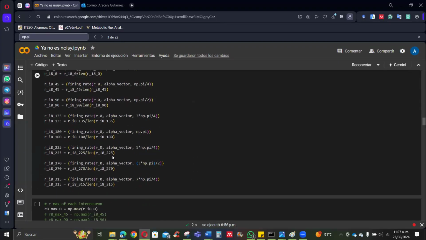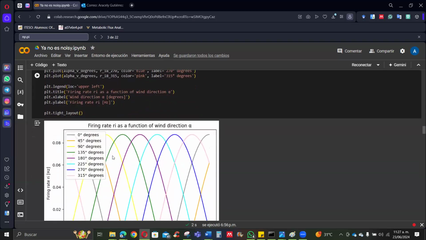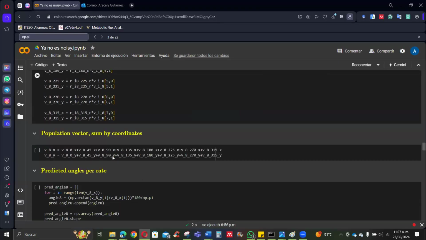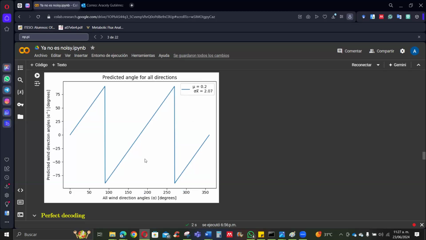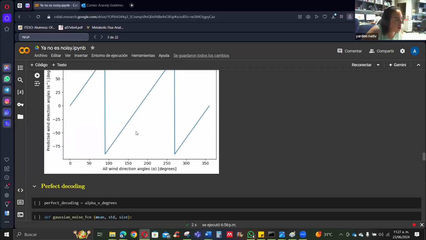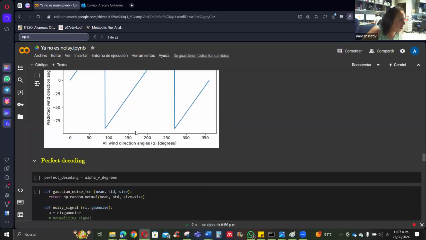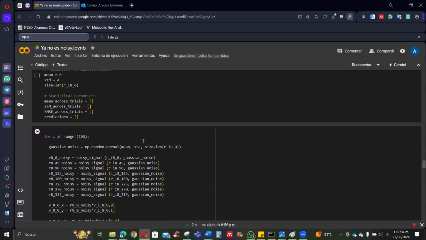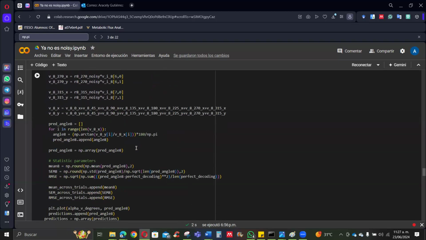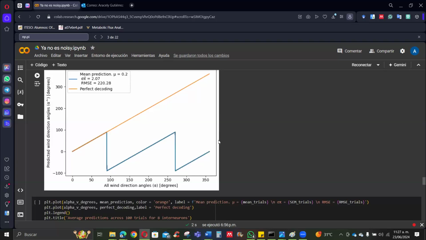And I had the problem of the same graph for the 8 interneurons. Yeah, it should look different. And for the Gaussian, I think it should also look different, but I get the same result. No, but you see that it's a bit more noisy. So the noise is probably added in the right way, but again, the problem is something with the rectification.